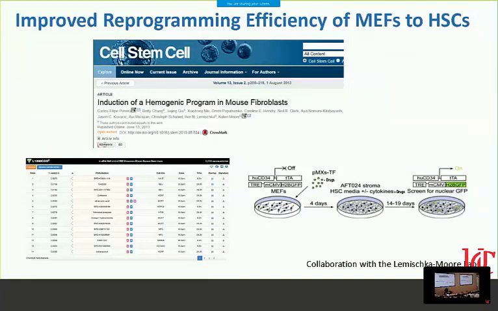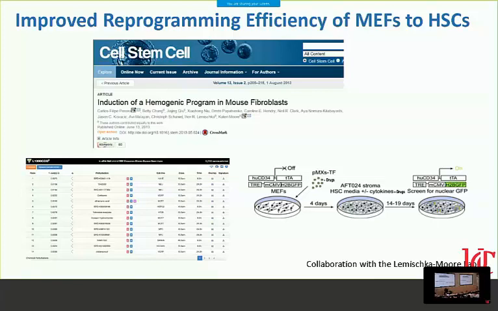We also have a project that uses this query tool for the L1000 to help with reprogramming of MEFs, mouse embryonic fibroblasts, into hematopoietic stem cells. And this is the setting of the program.